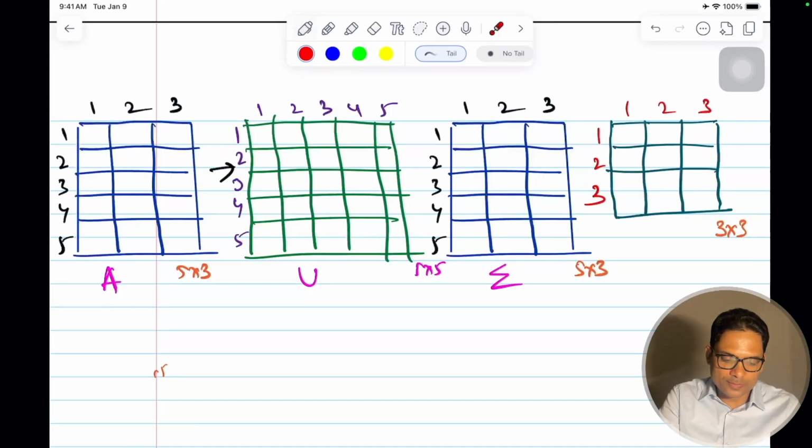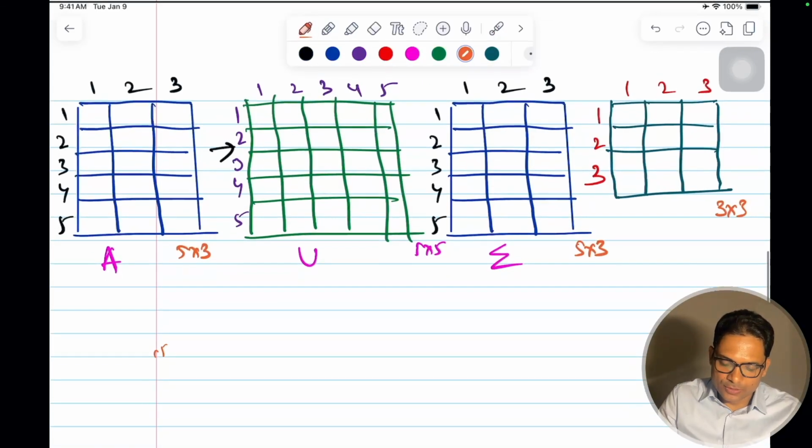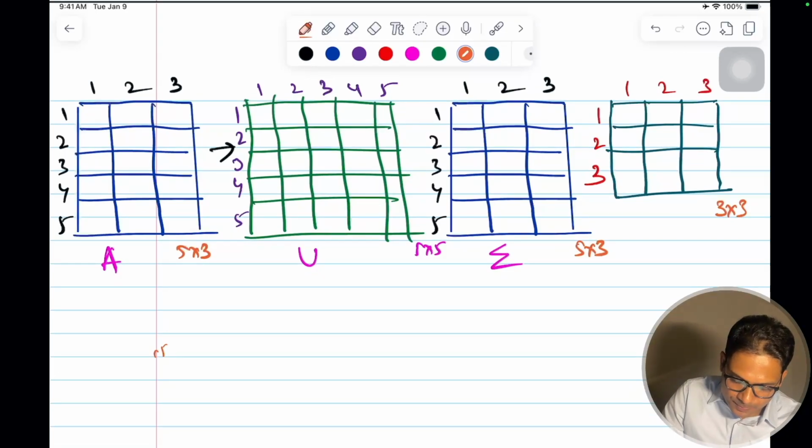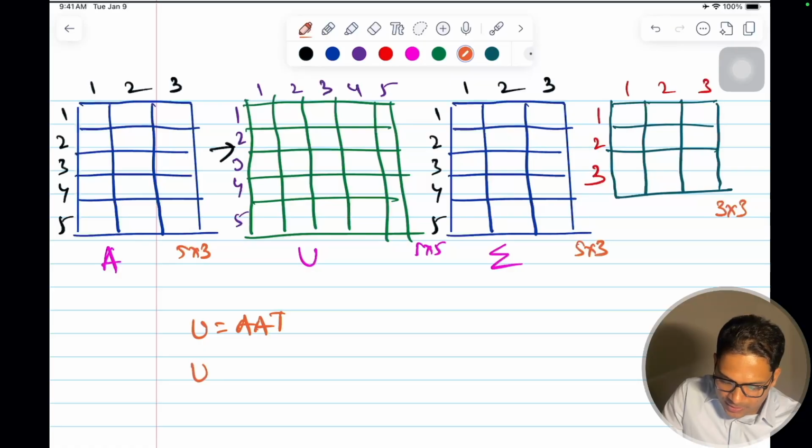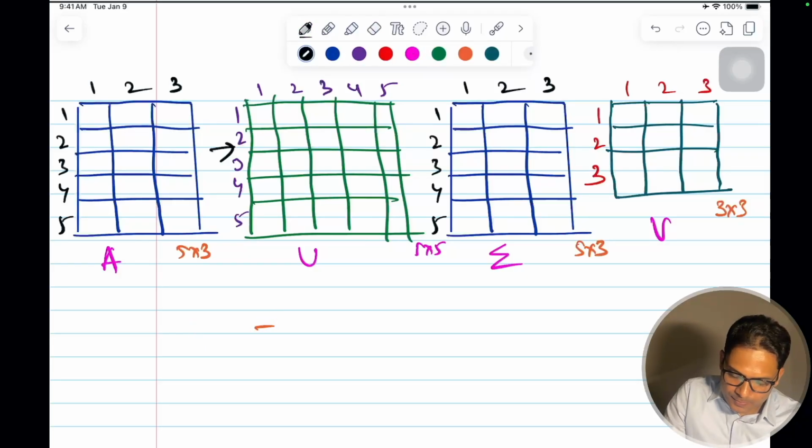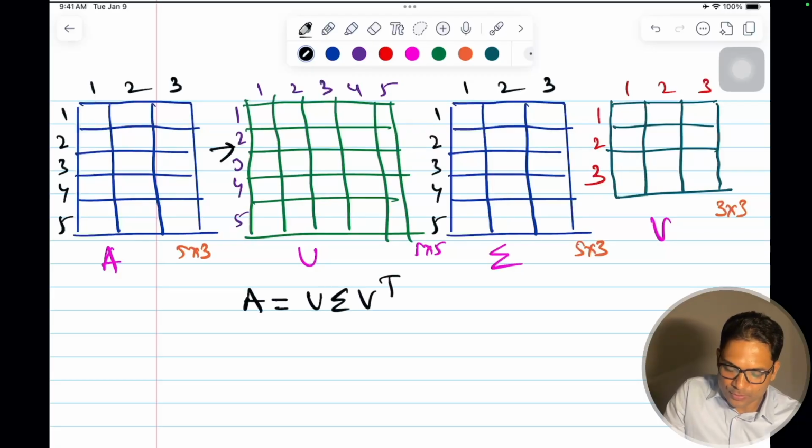So for example, U is equal to A transpose V, and this is your V. You should understand A is equal to U sigma V transpose.